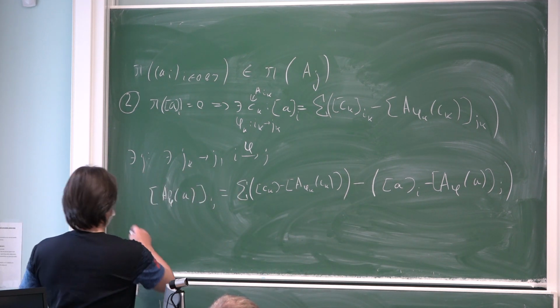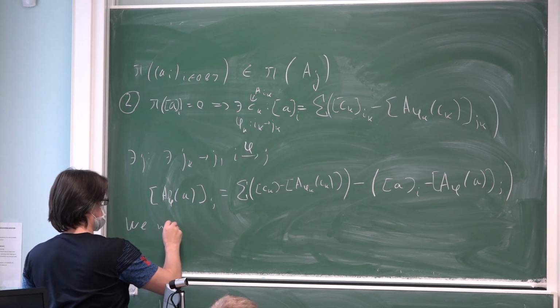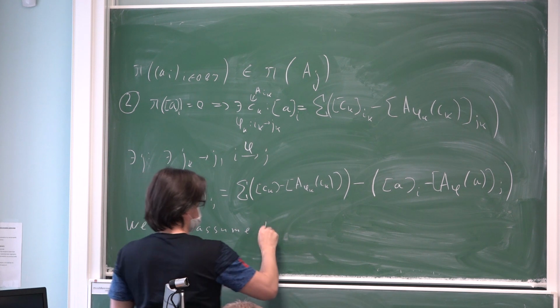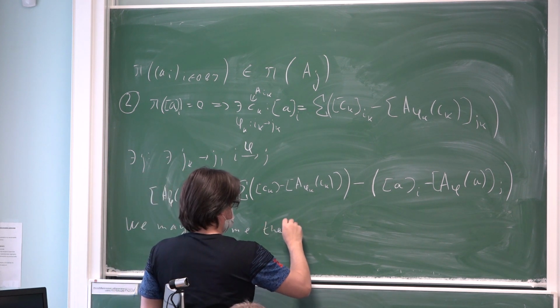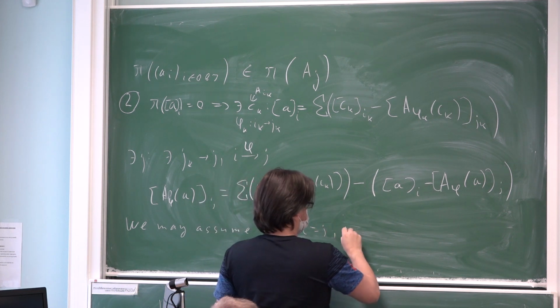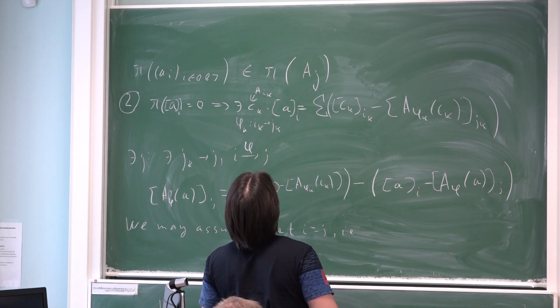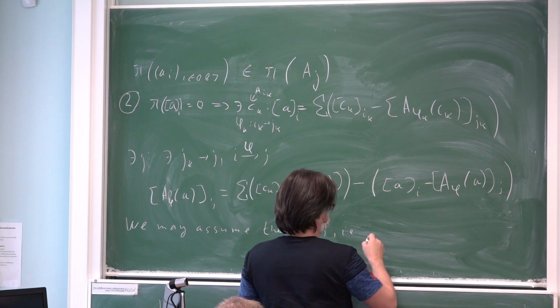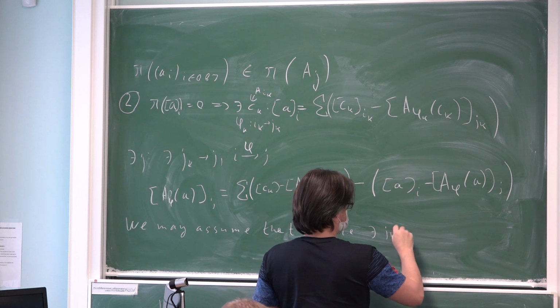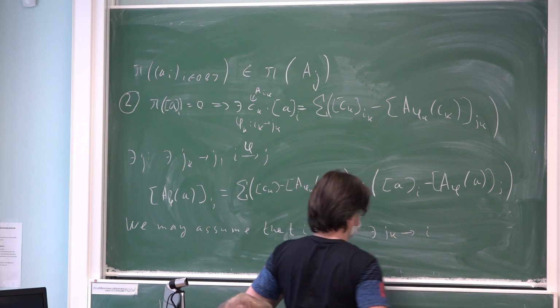So we may assume that I equals j, and that there are morphisms from j_k to I.